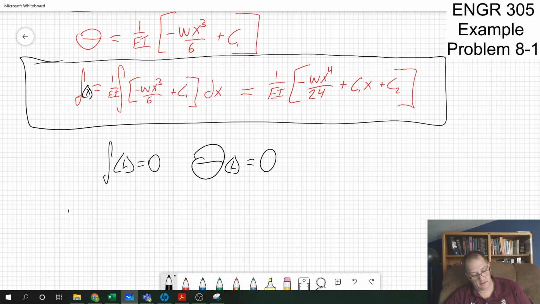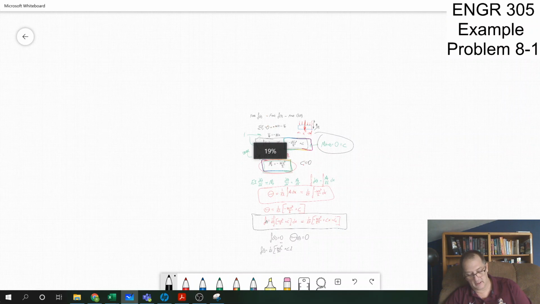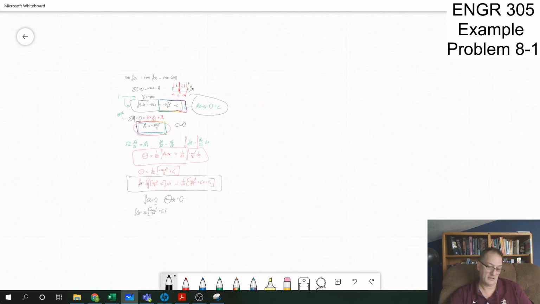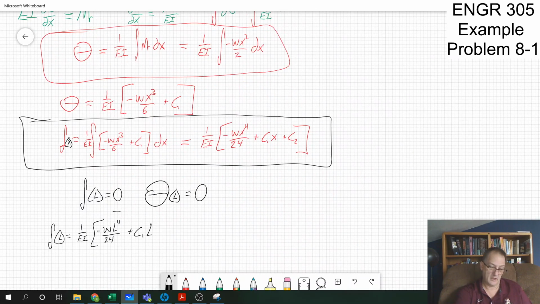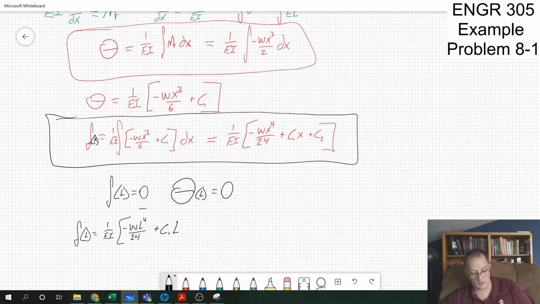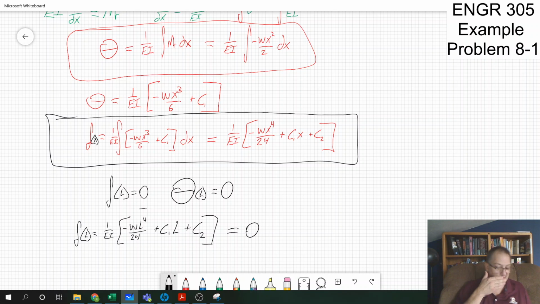Delta at L is equal to 1 over EI times minus WL to the 4th over 24 plus C1 L plus C2. That's all equal to 0.